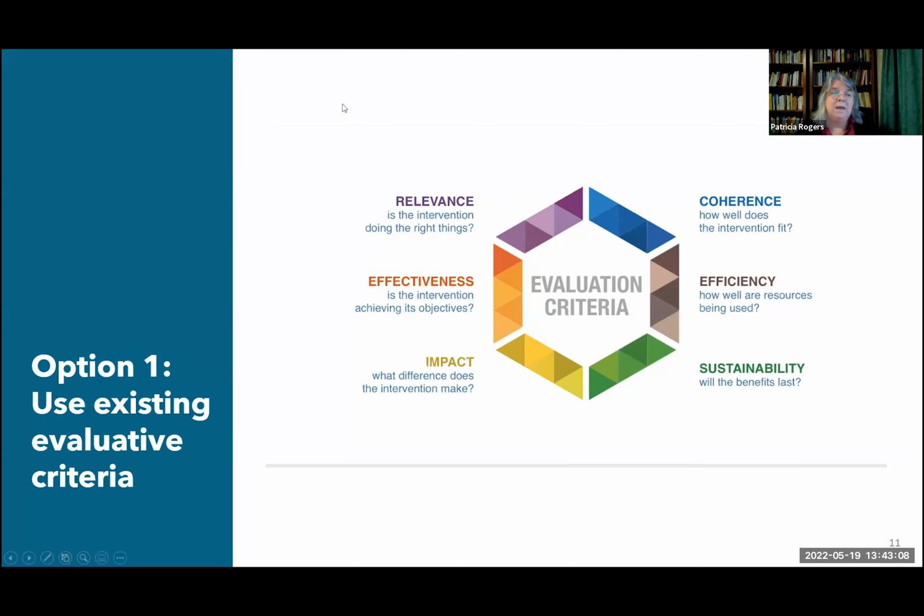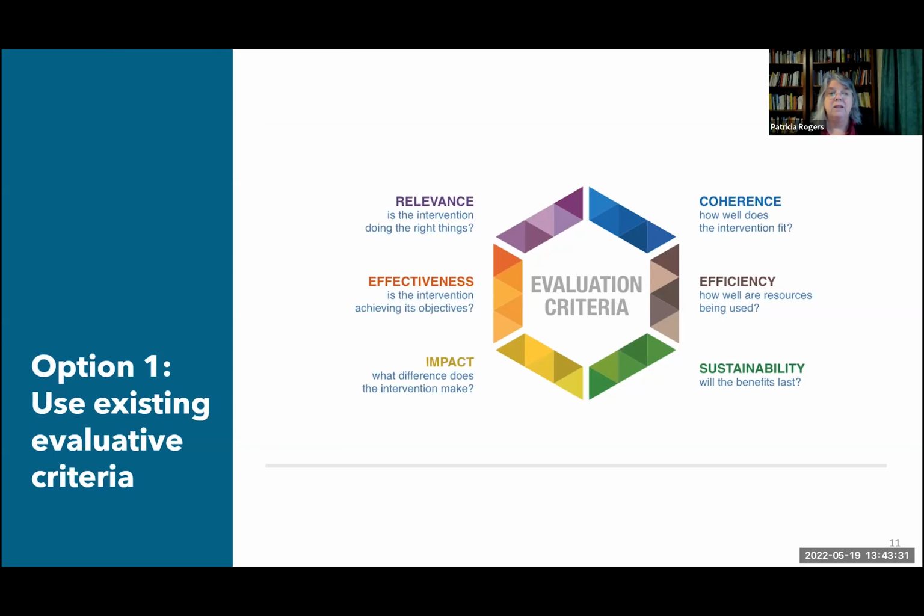So you may not be using the DAC criteria, but you might well be having other versions of these criteria, because the criteria that they put in there about impact and effectiveness and relevance, and efficiency are common types of criteria.